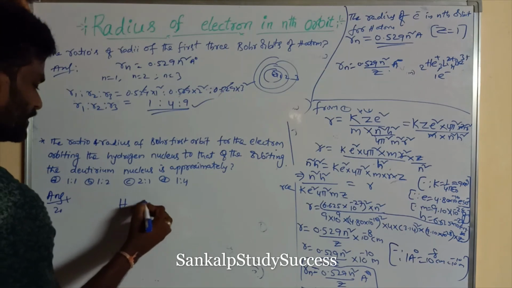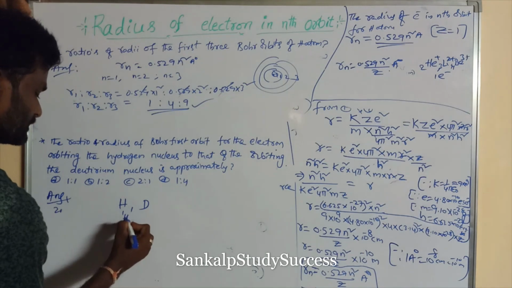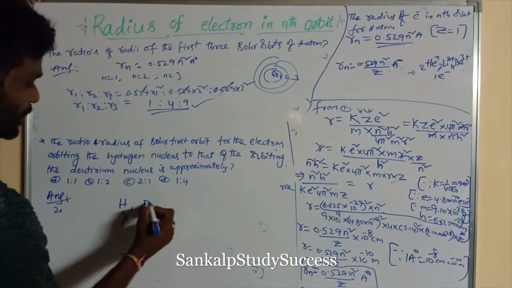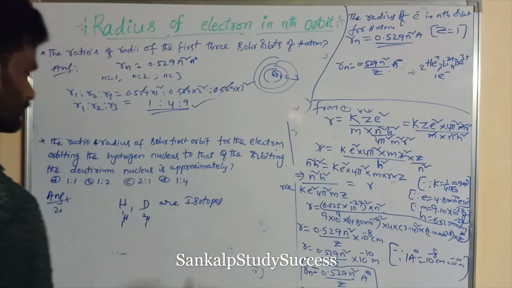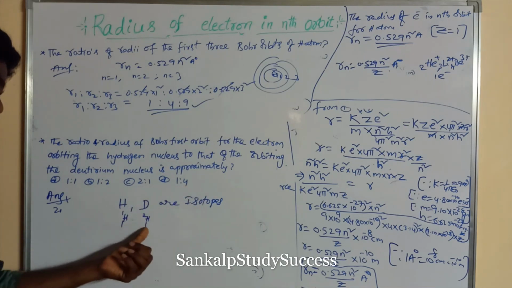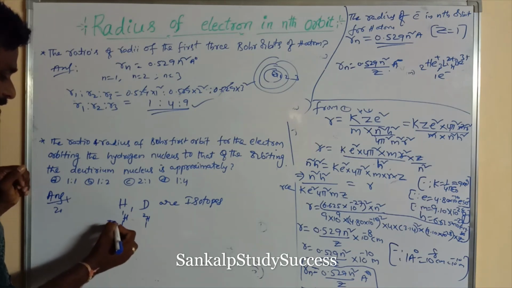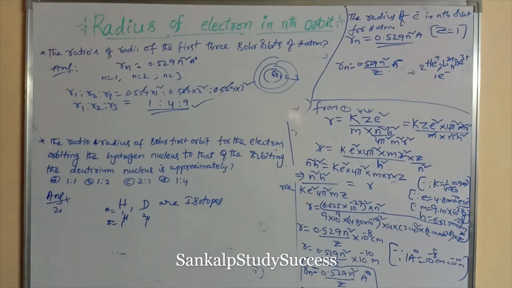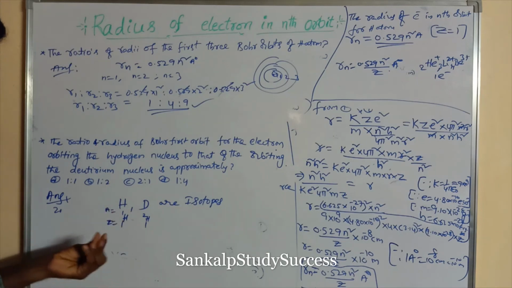Hydrogen and deuterium. 1H1 is said to be hydrogen, 1H2 is said to be deuterium. These two are isotopes. What is an isotope? Isotopes have the same atomic number but different mass number. The Z value is 1 and 1, but the mass numbers are 1 and 2.